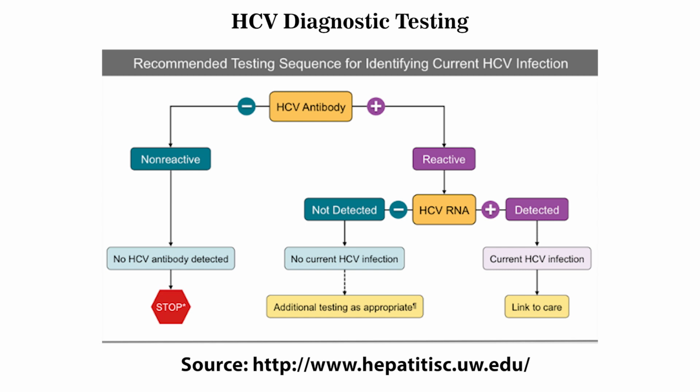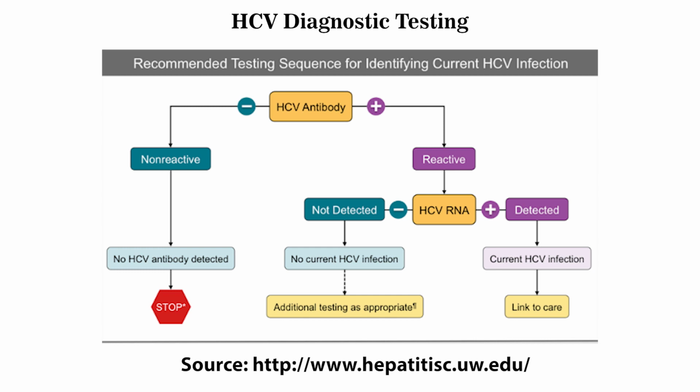So the confirmatory testing that has to happen is what's called hepatitis C RNA, which is actually looking for the virus in the blood. This is a blood test, usually done through a doctor's office or a health department that has the ability to send this out and screen for that virus.